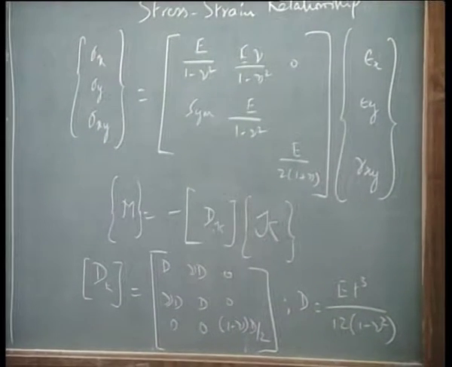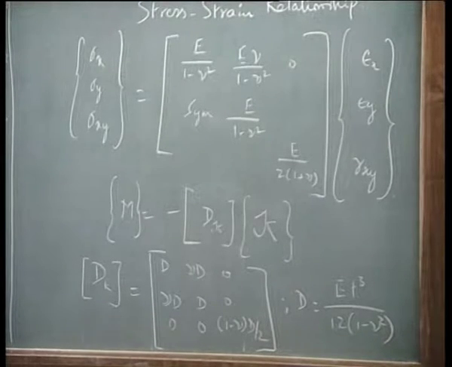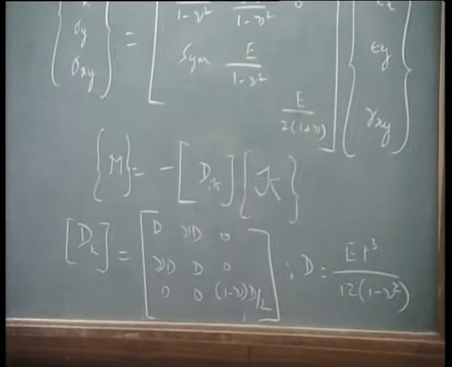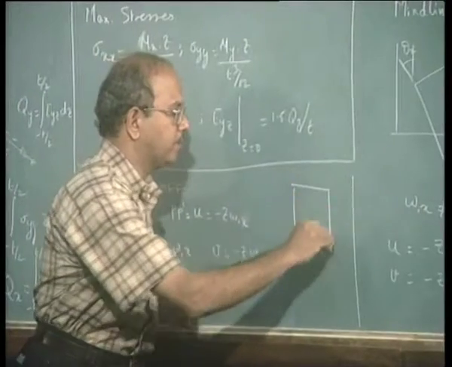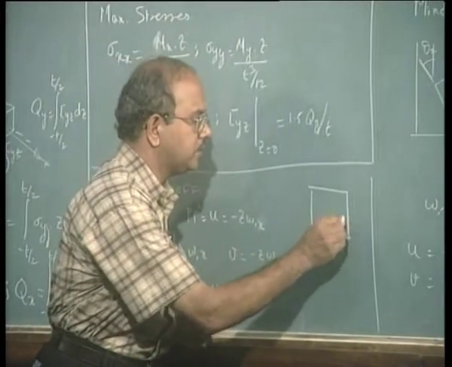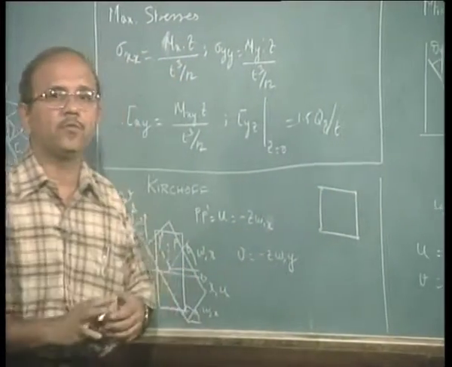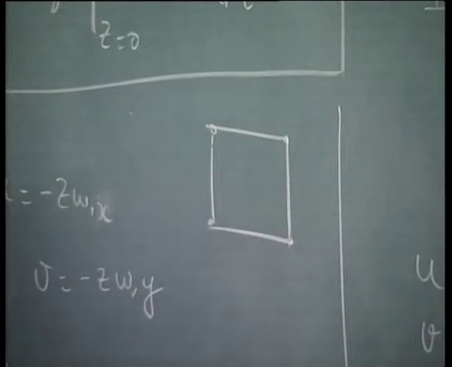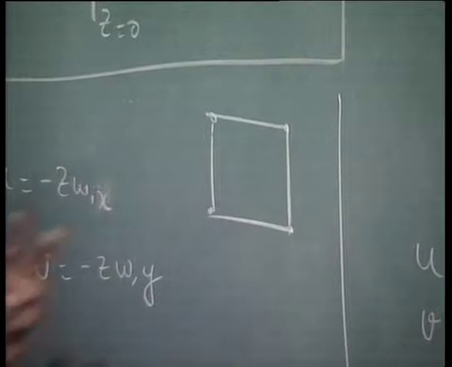In other words, before we go further, it is important to realize that it is possible to formulate a plate element, something like this. So, the plate element becomes something like this, with the nodes sitting on these corners with 3 degrees of freedom. Interestingly, whether it is a Kirchhoff element or Mindlin element, we have 3 degrees of freedom.